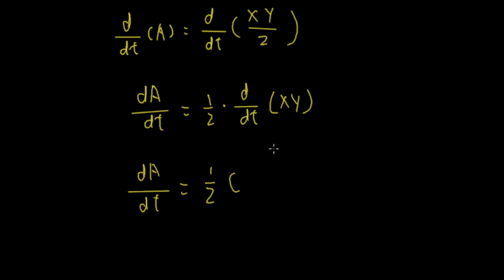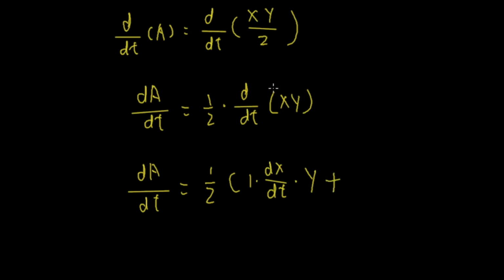Here, the derivative of x with respect to t. The derivative of x is just 1, but we're taking a derivative of x with respect to t, not with respect to x. So we have to have 1 times dx over dt times y, okay? That's the first part.